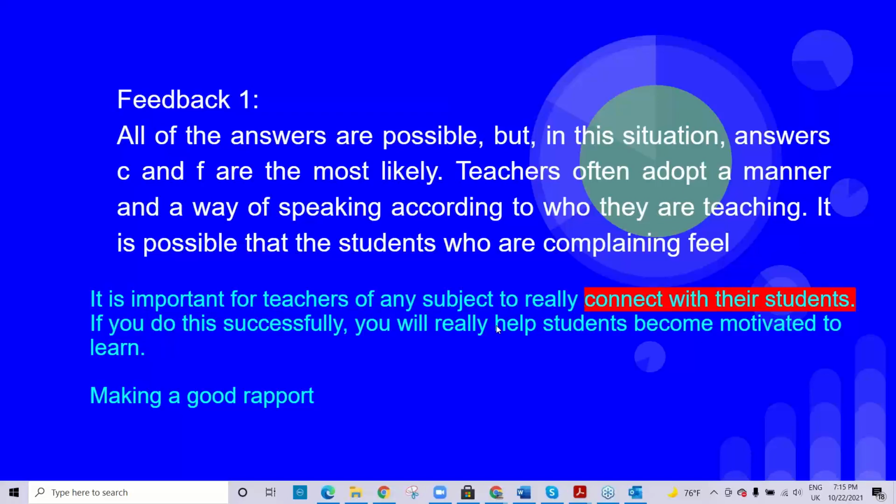It is possible that the students who are complaining feel it is important for teachers of any subject to really connect with their students. If you do this successfully, you will really help students become motivated to learn. This is what we also call having a good rapport with students. The word rapport, can anyone give me a definition for this word?